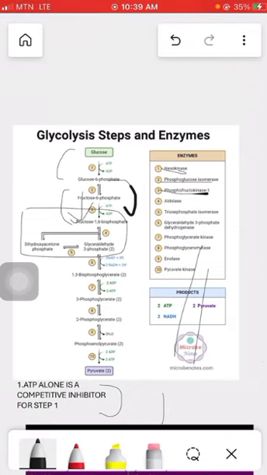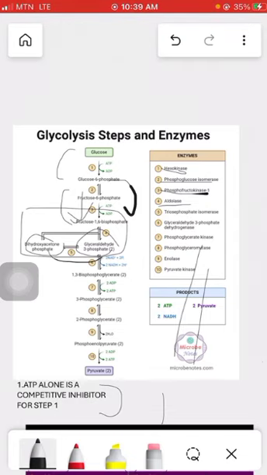The enzyme that is performing that reaction is called aldolase. The enzyme is called what? Aldolase. So aldolase is cleaving the fructose 1,6-bisphosphate into these two molecules, dihydroxyacetone phosphate and glyceraldehyde 3-phosphate. In step 5, you will see that the dihydroxyacetone phosphate will be converted to glyceraldehyde 3-phosphate.